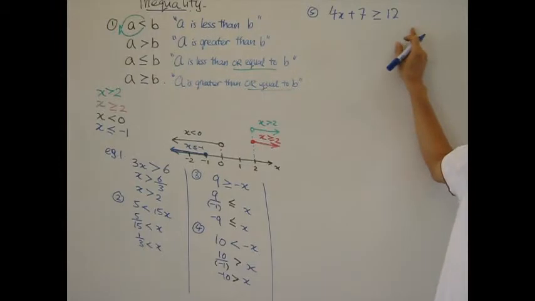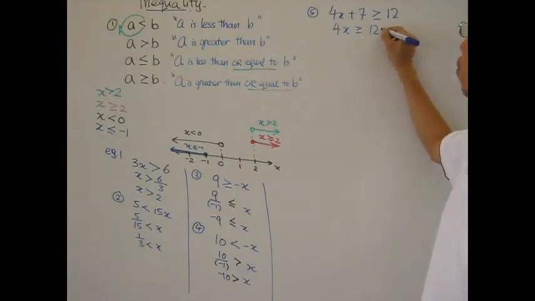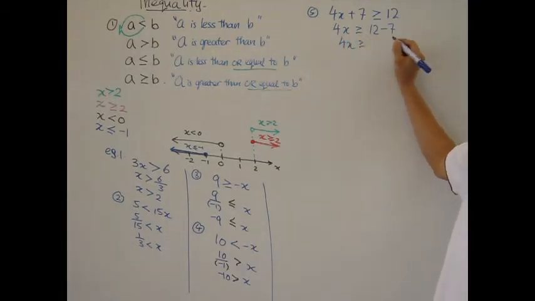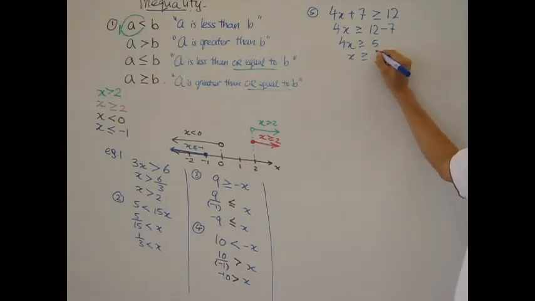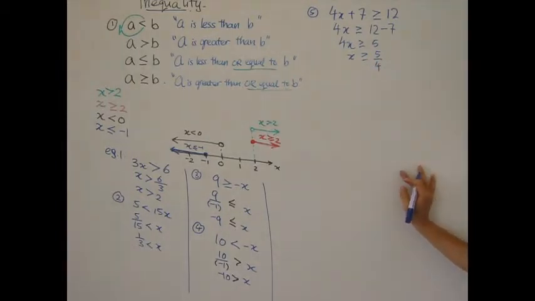Plus 7 goes to the other side and becomes -7. So 4x, this is 12 minus 7, that gives me 5. So x is larger than or equal to 5 divided by 4. This one is relatively straightforward.